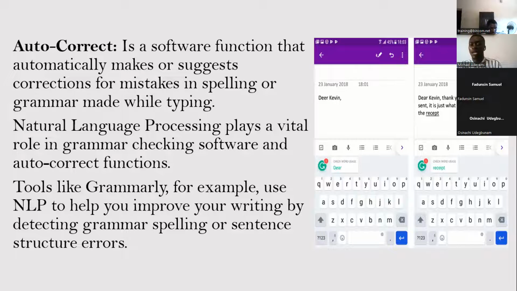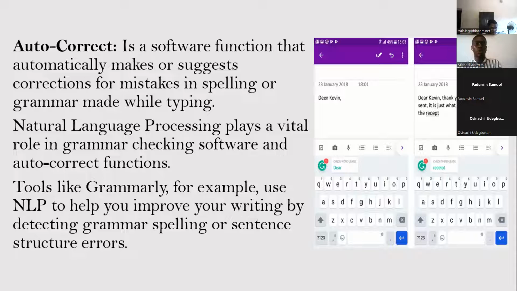An example is on my screen here. You can see it's already bringing what we call an autocorrect. It's also bringing a suggestion for the user, asking whether this is what you are actually talking about, or whether this is the right spelling. So that is about autocorrect.